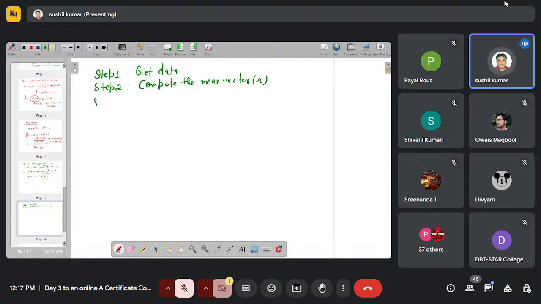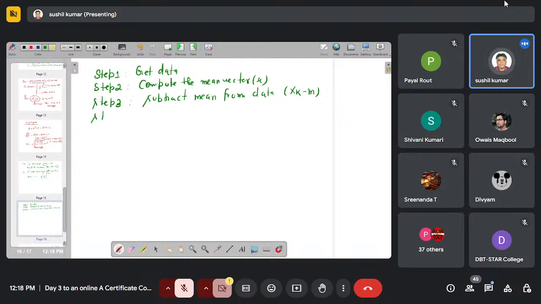Then I will do the subtraction here. Subtraction is required for calculation of the variance, because in the variance you have seen x_k minus m is there. So I will subtract the mean from the given data, and it will give you x_k minus m.